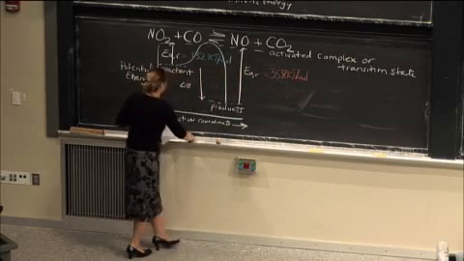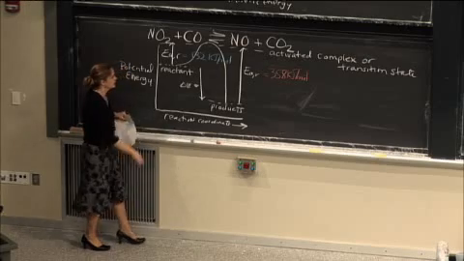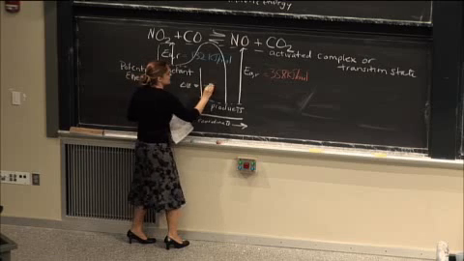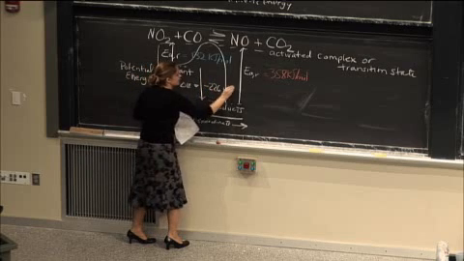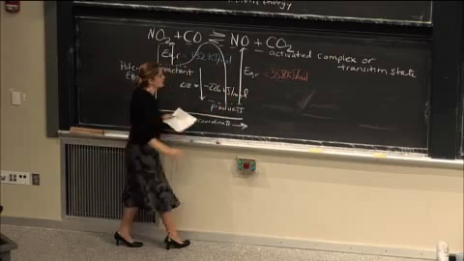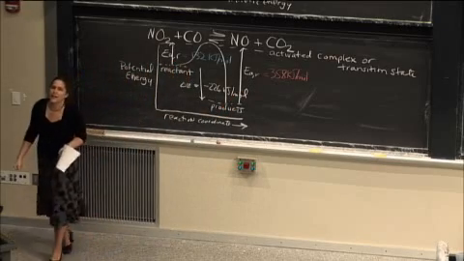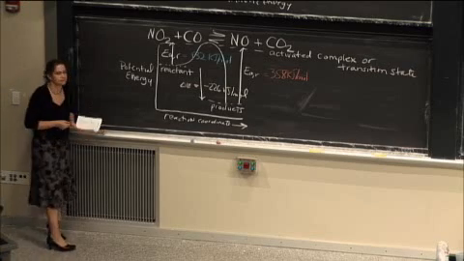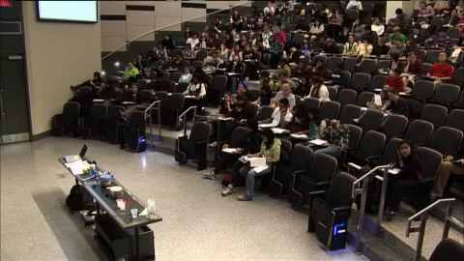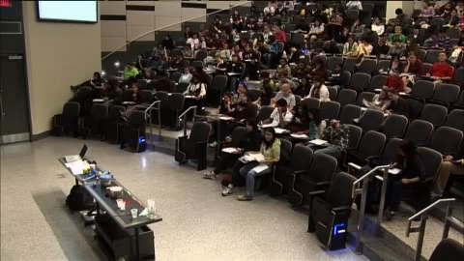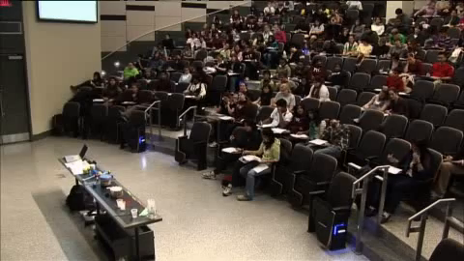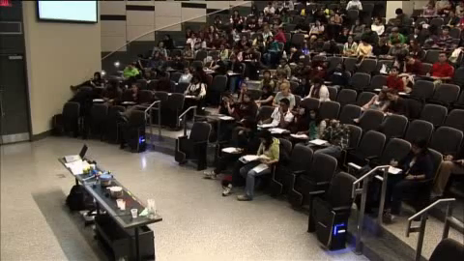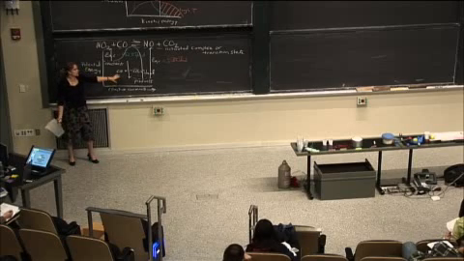And there's also a delta E for the reaction, which is this line from reactants to products, which in this case is minus 226 kilojoules per mole. So do you think this reaction is endothermic or exothermic? What do you think, exothermic or endothermic? It's exothermic.